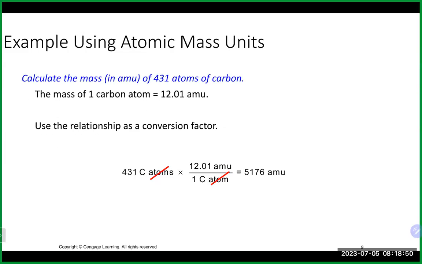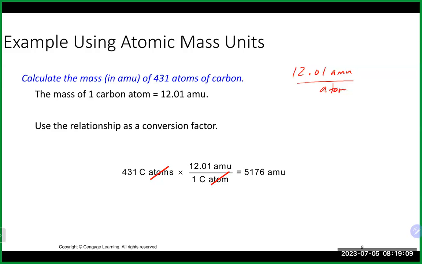So again, you could use it as a conversion factor, and you would take it to 4 significant figures. We would take that from the periodic table, and sort of like grams per mole, this would be AMU per atom is basically how you can use that.